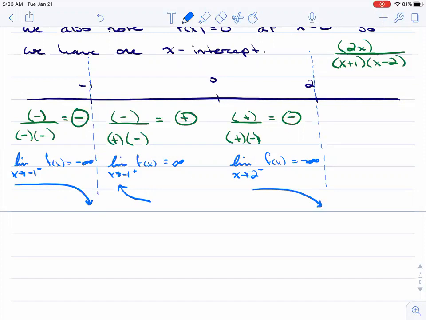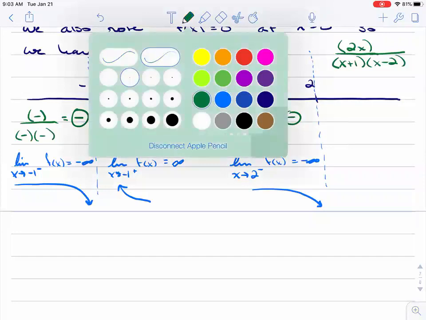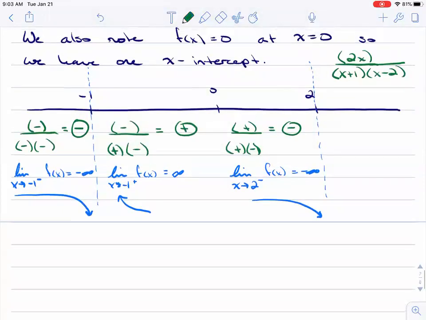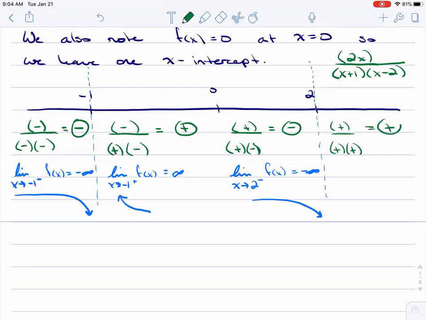We can also say that the point where it switches from negative infinity to positive infinity is at 0, and so that's where it's going to cross over and go from negative to positive. And then lastly here, if I pick a value that's greater than 2, pick 3, for example, then we would get a positive over a positive times a positive, which is just a positive value.